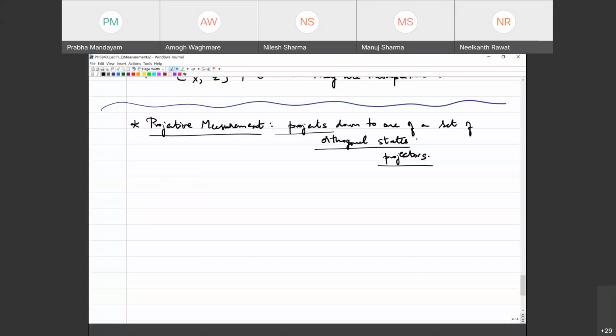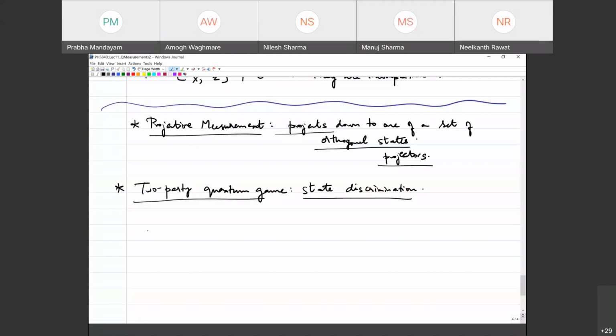Now, why would I want to go beyond orthogonal projectors? Here is a simple task that I will leave you with. This is one of a so-called two-party quantum game, and goes by the name of state discrimination. So the game is the following.